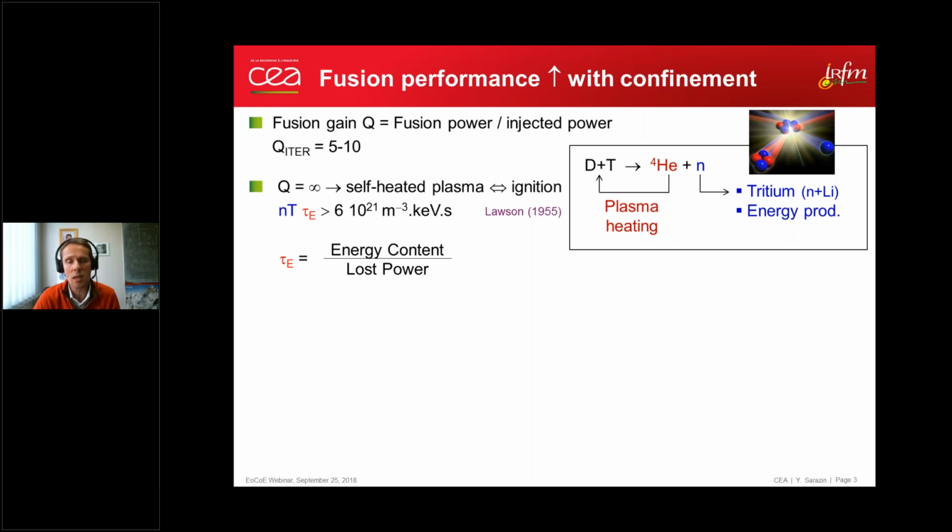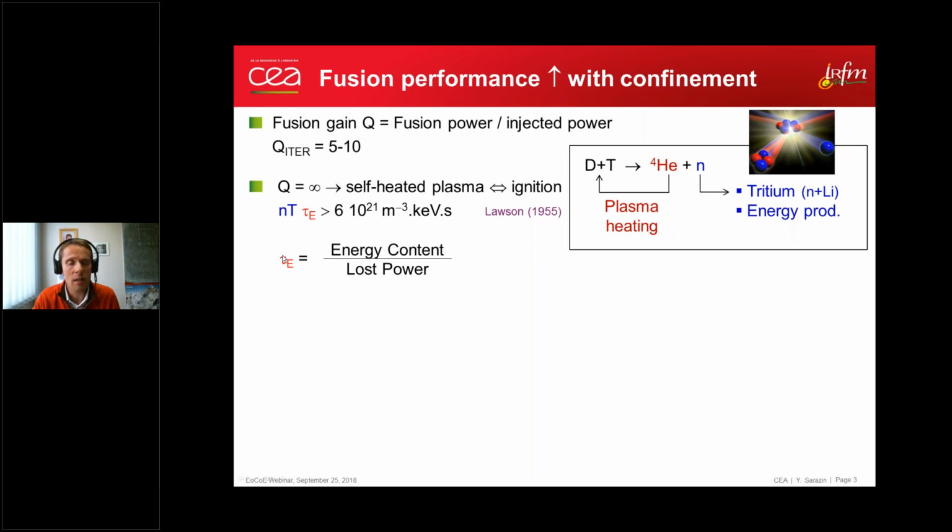And this condition of balancing losses and heating can be formulated in this criterion due to Lawson in 55, where you have a triple product: the density of the ions times the temperature of the ions times the energy confinement time has to be larger than a certain value.